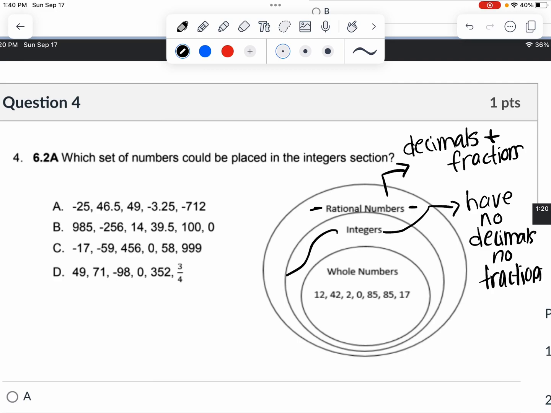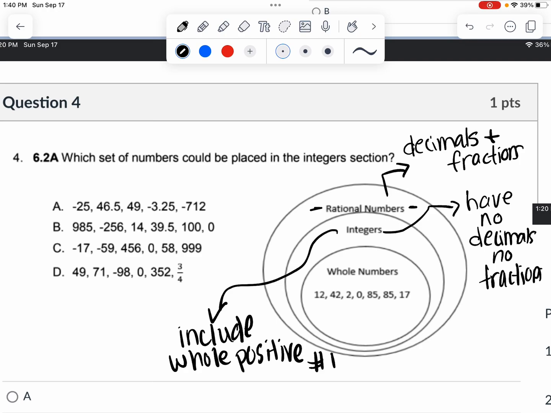Okay, but they do include whole positive numbers and whole negative numbers. So we need to remember that because they have no decimals, no fractions.